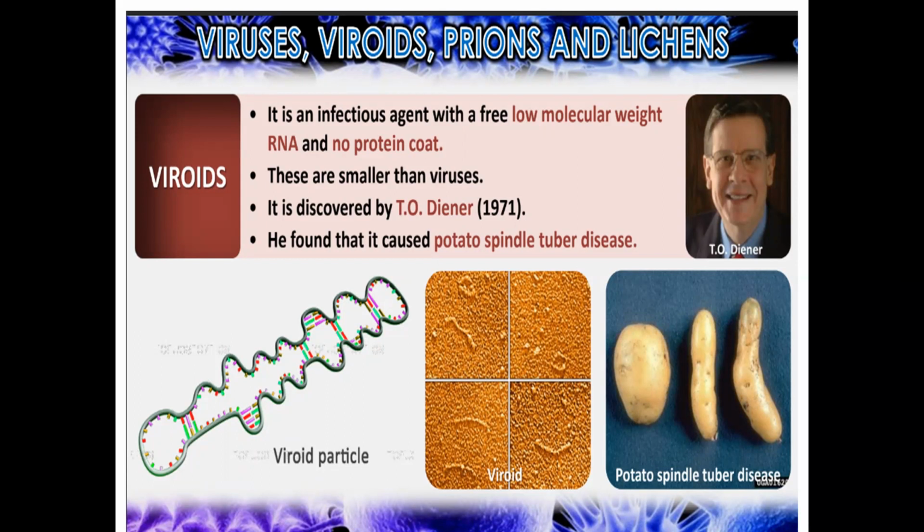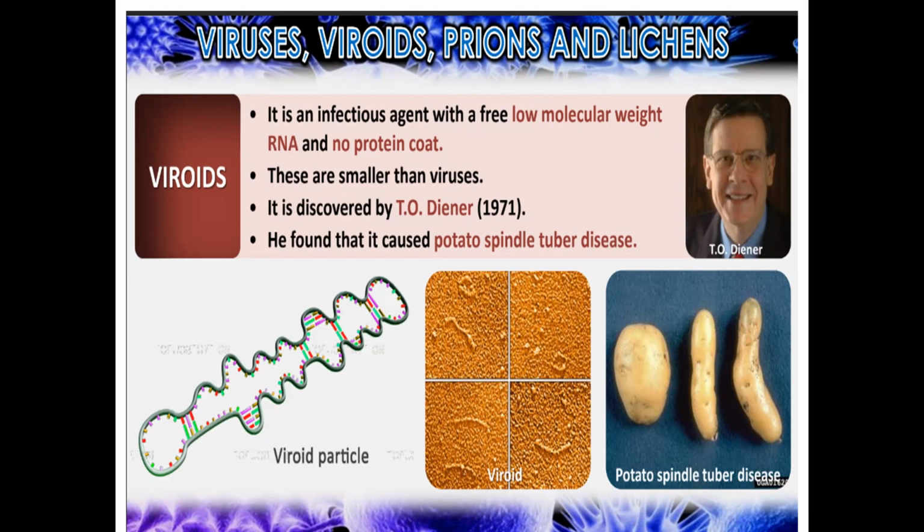But viroids have only one part, the RNA or DNA. What is missing is the protein coat. Obviously, without a protein coat, they are smaller than viruses.